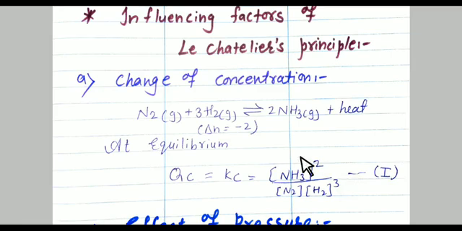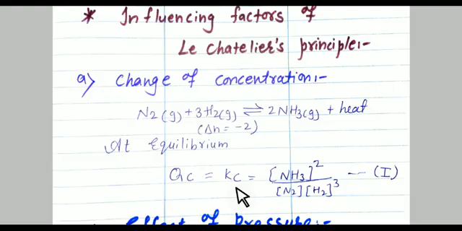Qc is lower than Kc. See here, in stage 1 the system is in equilibrium, but when we add more hydrogen gas, Qc is lower than Kc. It means the system is disturbed.